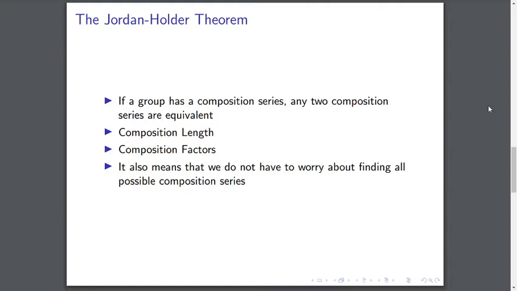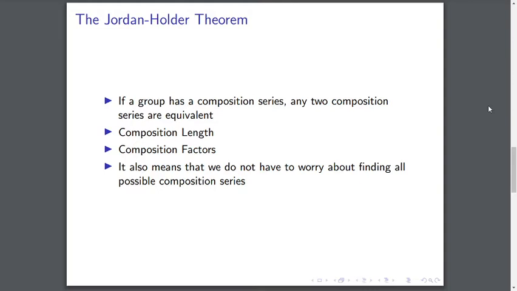This is really important because let's say we had a really, really big group that's really ugly. Say it had 10,000 subgroups that were all subnormal to each other, a series length of 10,000, and there were 15 ways to do this. We don't want to find all those 15 series of length 10,000.